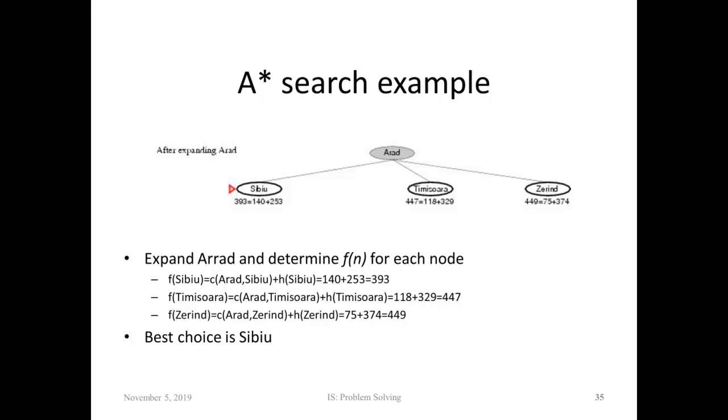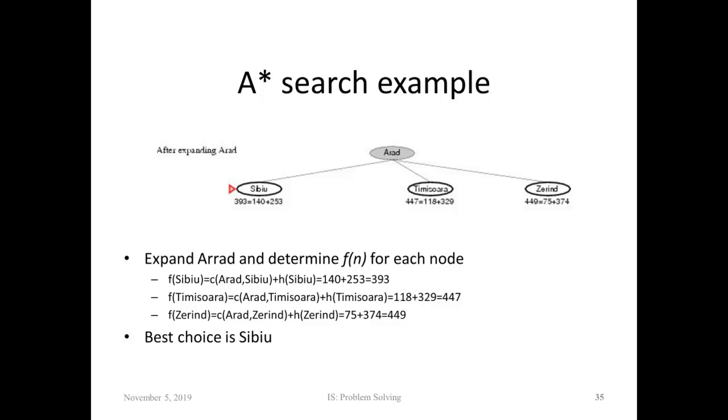So if we go to Sibiu, it takes us 140 kilometers to get there. And then the estimate H is 253. So basically here it's written out.